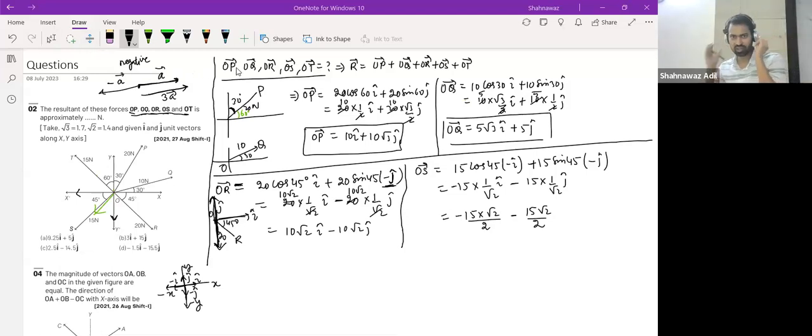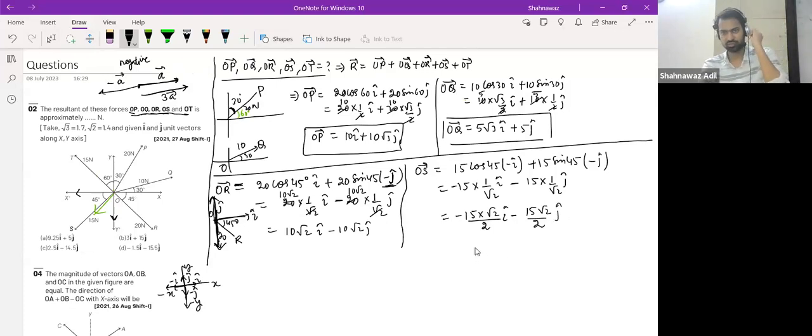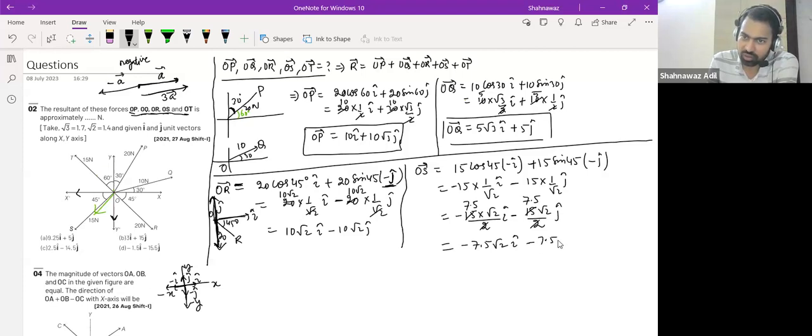What is minus 30 by root 2? This is I and this is J. So this would be 7.5 root 2, right? So minus 7.5 root 2 I hat and minus 7.5 root 2 J hat. So this is OS.